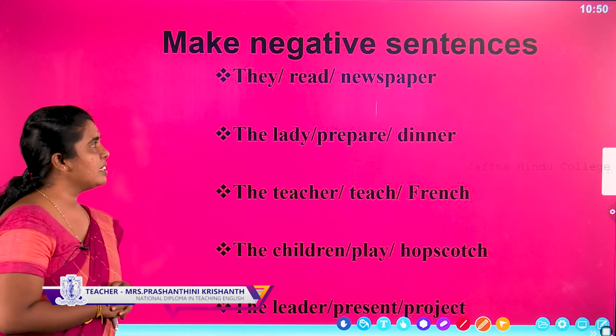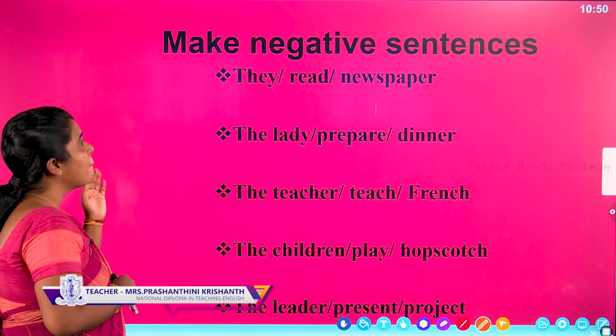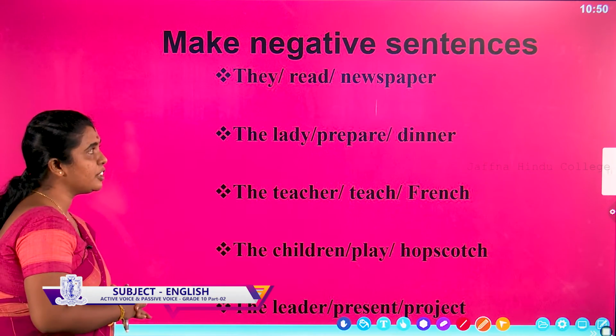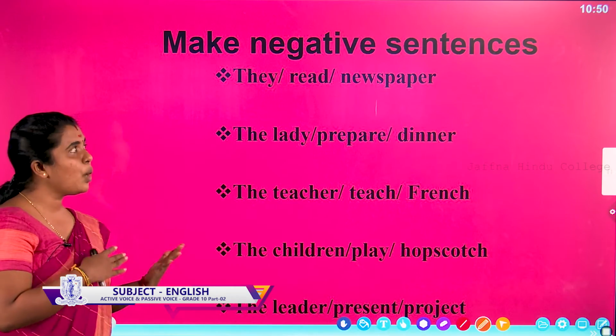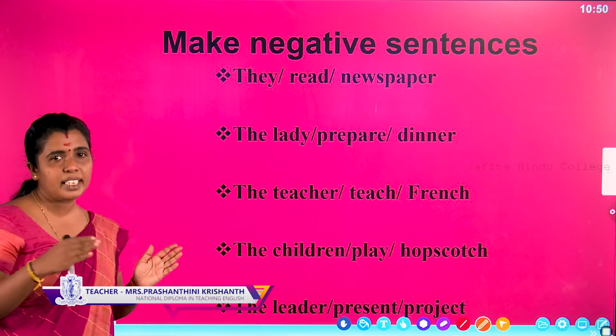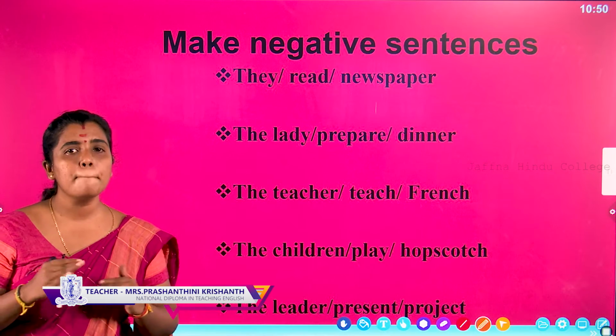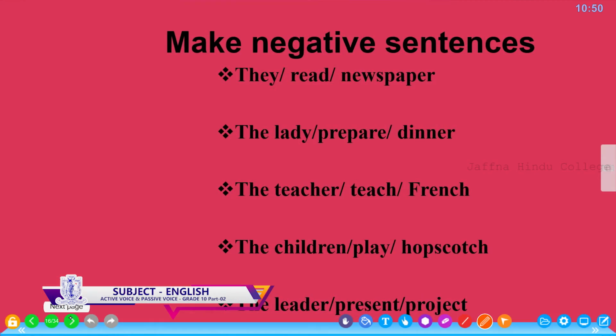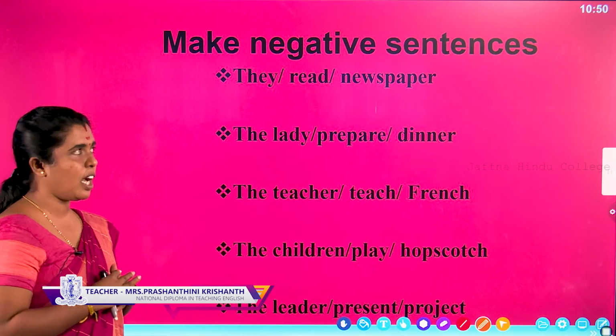Next section, an activity for you. Make negative sentences. Here, I have given you the clue words. Now, we are going to make simple negative sentences using past continuous tense, right? Number 1, they read newspaper, right? Three clue words are there. They read newspaper. You know the structure now.